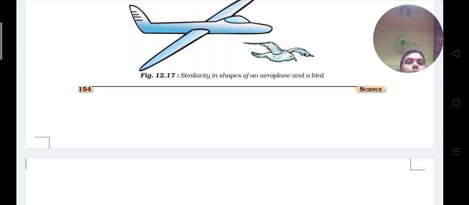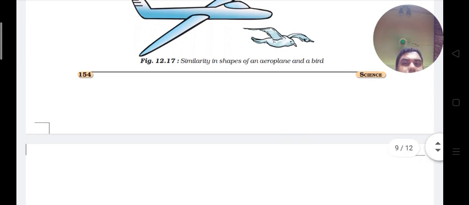Example, water is much more viscous than air, so there will be much more frictional force or drag on an object when it moves through water than when it moves through air.